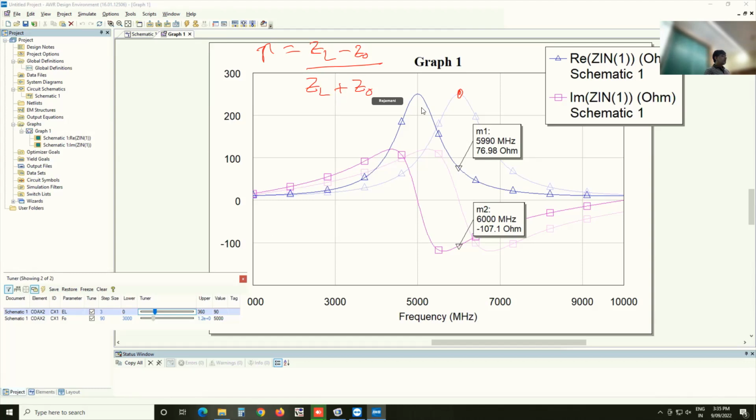In most practical cases, Z0 is a real number, which means gamma equal to 0 can only be obtained if ZL is also real and equal to Z0. So when you want to transform an impedance to match a real circuit, you want an impedance transformer which does not leave or create an imaginary component. That's the special part. But depending on which frequency you're operating at, you will have to design the transformer for that frequency.